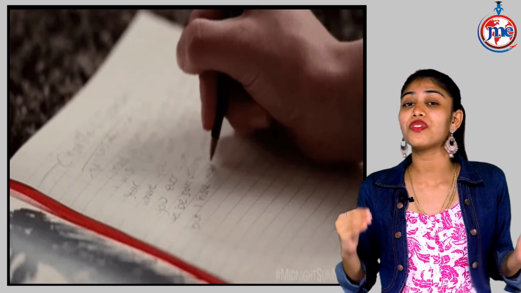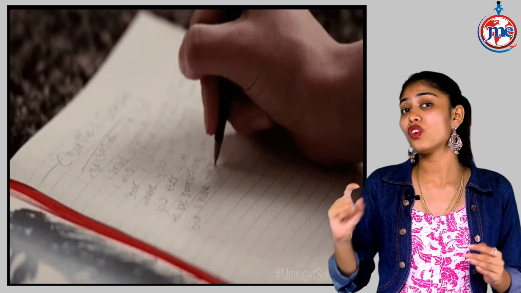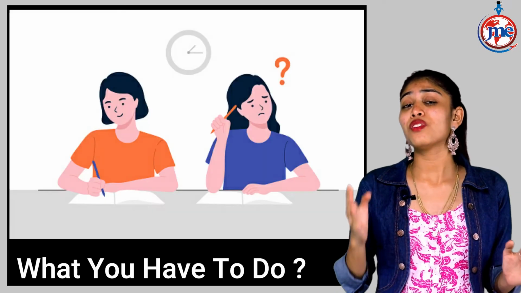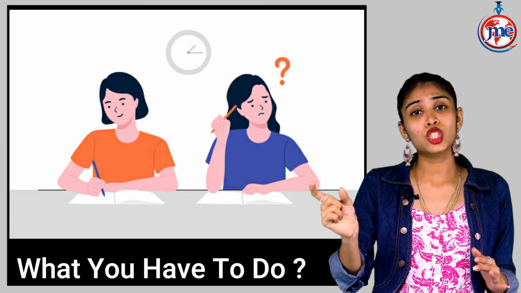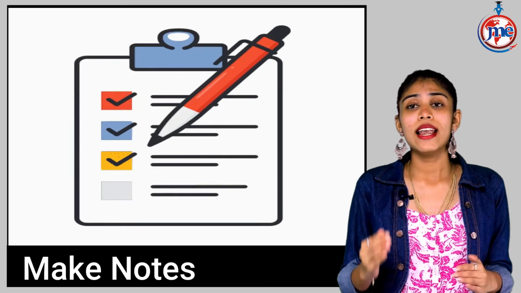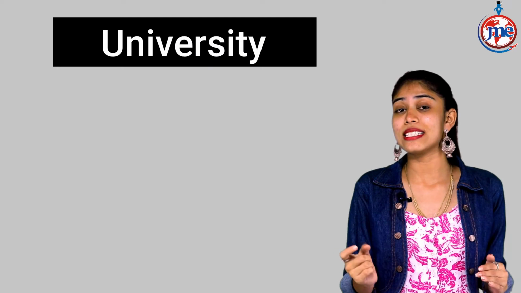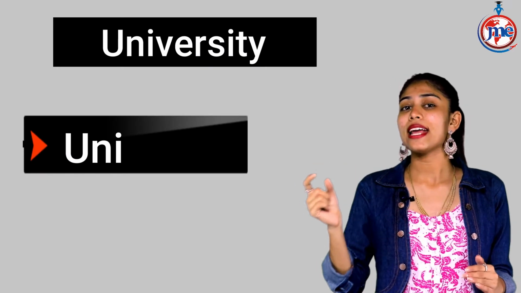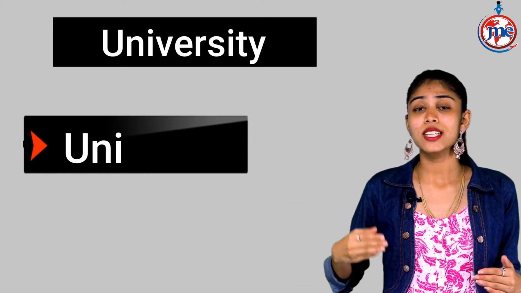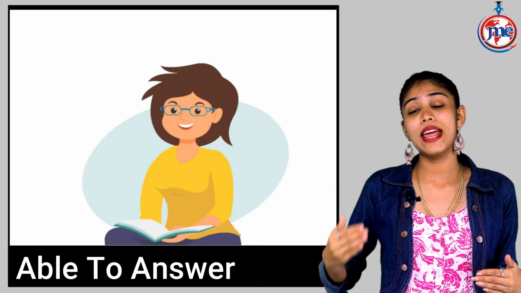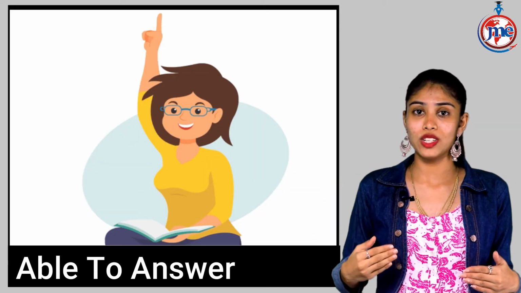Now because answers are coming too quickly, you are not going to get enough time to write the full answer. So at that time what you have to do is write a short answer, make notes. Like if the answer is university, then write UNI and move to further questions. By doing this, you can answer all your questions.